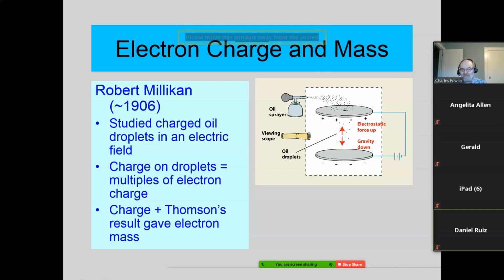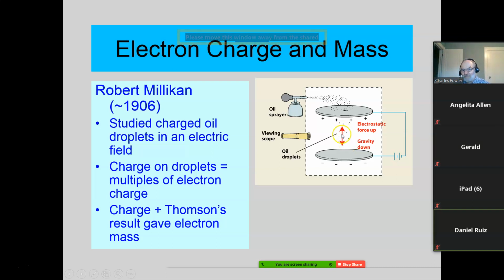Gravity was an absolute constant, but the electrostatic force was dependent on how many electrons were attached to that oil droplet. So if it went down just according to gravity, no charge was on it. If it went down a little bit slower, there were probably 1 or 2 or 3 electrons on it.